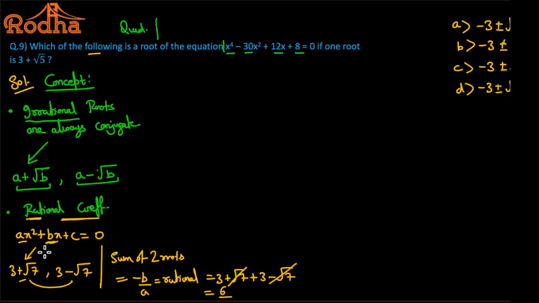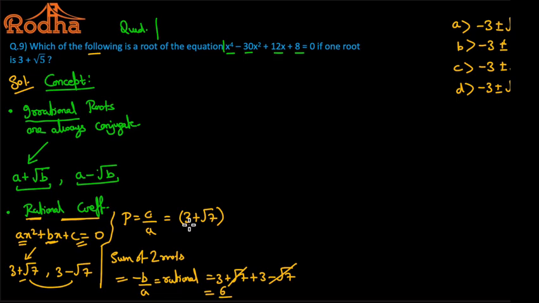So obviously the root part should cancel while taking the sum, and while taking the product also. For example, the product of roots here is equal to c by a. Again c is rational, because the quadratic has rational coefficients, and a is a rational number, so c by a should be rational. So what should I multiply?